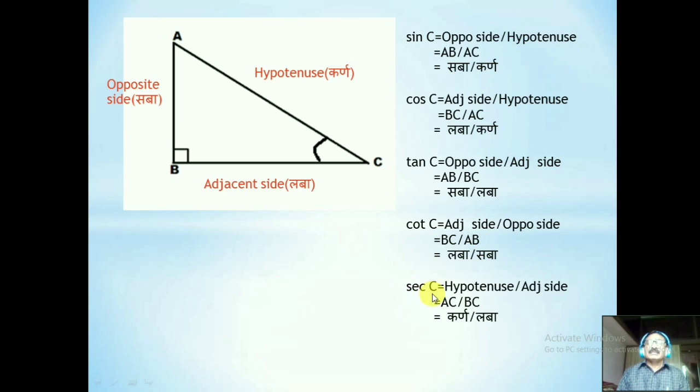Then sec C. Sec C is equal to hypotenuse upon adjacent side, means AC upon BC, and this is inverse of cosine. Then cosec C. Cosec C is equal to hypotenuse upon opposite side, means AC upon AB. Karna chhed saba. And cosec C is inverse of sin C.